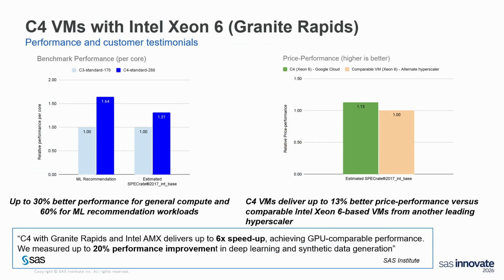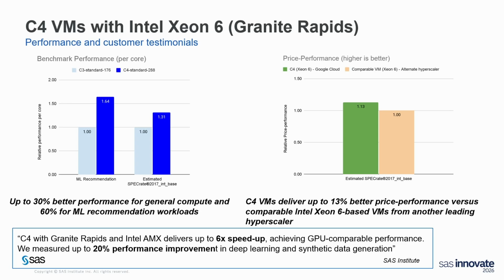So how do we compare? We're seeing substantial benchmark gains from our previous C3 series. Head-to-head with another hyperscaler, off the bat, we're seeing a 13% price performance gain. I love Sas's quote here, just talking about GPU-comparable performance down here on the right.